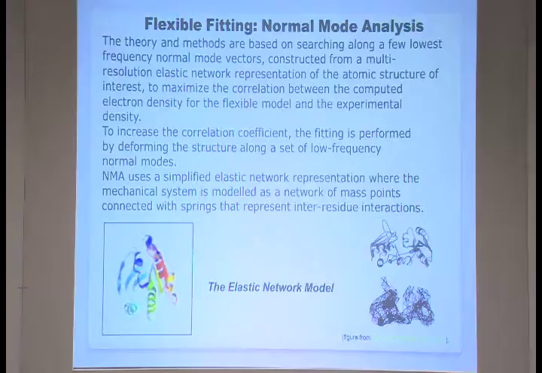The amplitude of the motion is really arbitrary. You need to see in the map how far it's moving, and you can give that value. But the direction, it shows from the normal mode, and then you do the cross correlation and find the best fit.